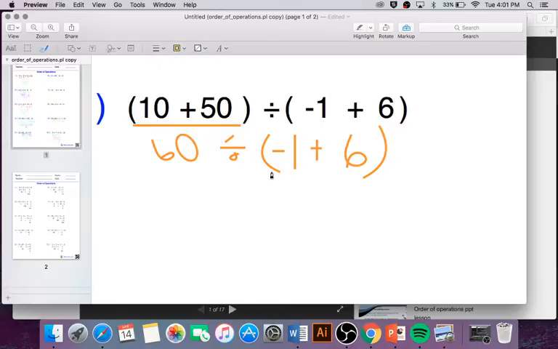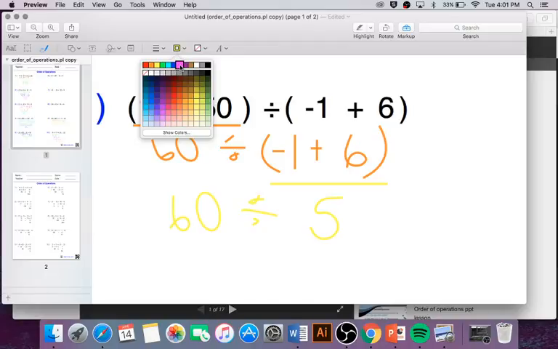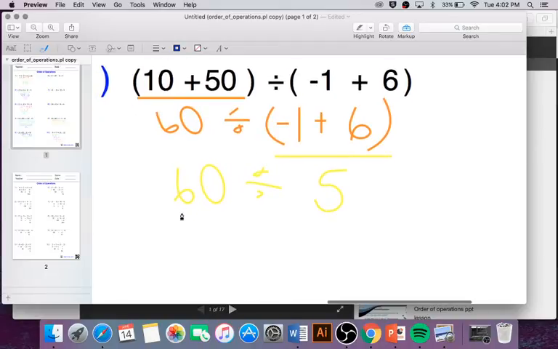We're going to solve our second set of parentheses, which is -1 plus 6. -1 plus 6 would just be 6 minus 1, which is 5. When we bring down the rest of the problem, we're left with 60 divided by 5. And 60 divided by 5 is 12.